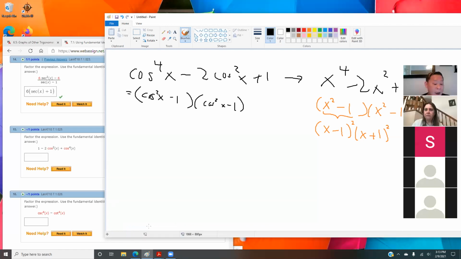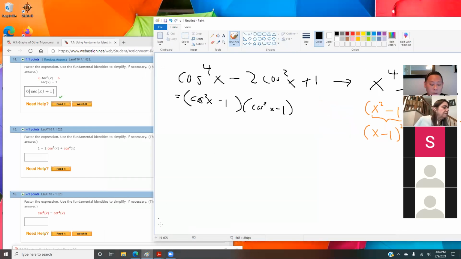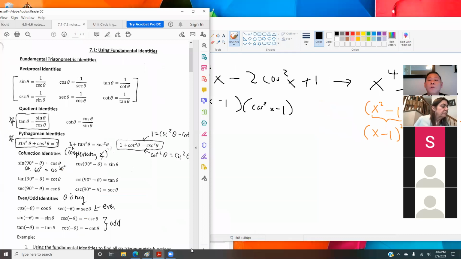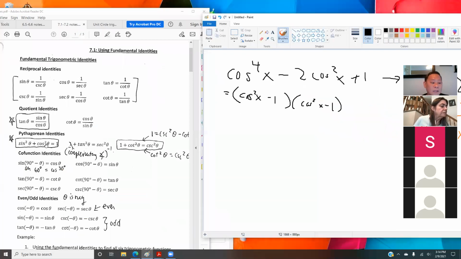We have a Pythagorean identity to use here. So can someone tell me which Pythagorean identity we should use for cosine square x minus 1? That's my Pythagorean. It's not popping up. Where are you hiding? Oh, he's hiding over here. Which one is cosine square x? It's going to be this one, right?